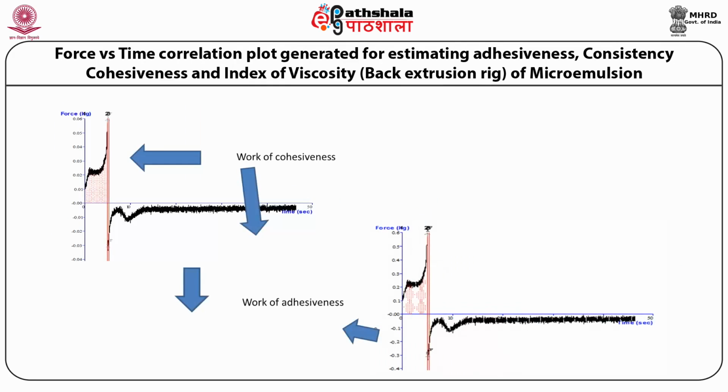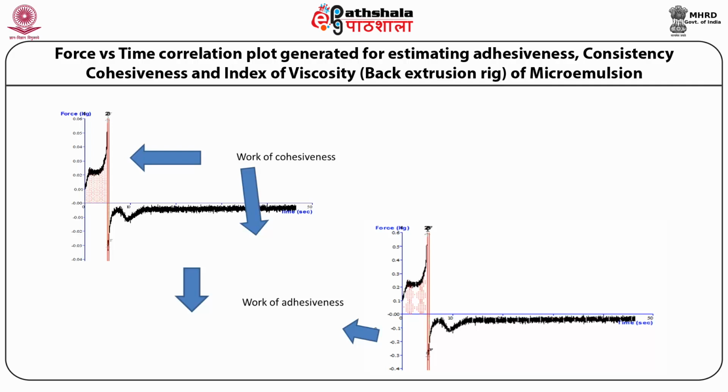When the back extrusion ridge probe is utilized in the determination of different parameters of pre-concentrated microemulsion, these are the force versus time plots which are obtained. The positive side of this graph is work of cohesion, and the negative side, the lower portion below the x-axis, is work of adhesion.